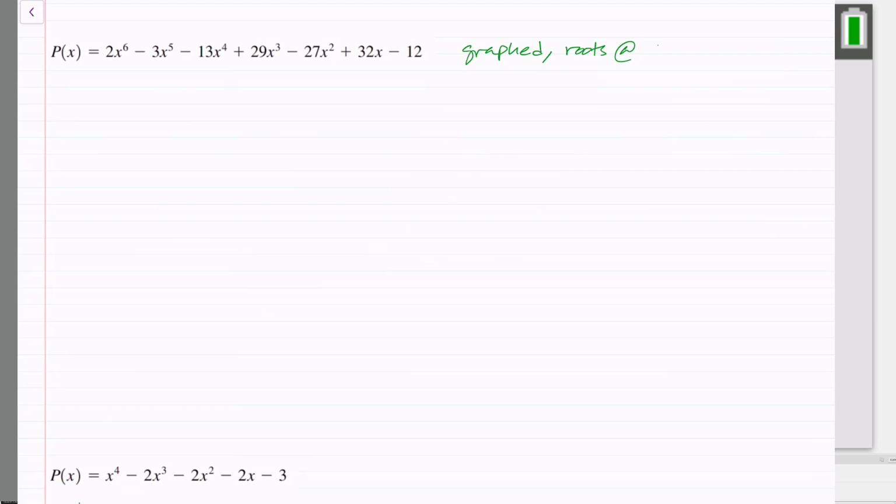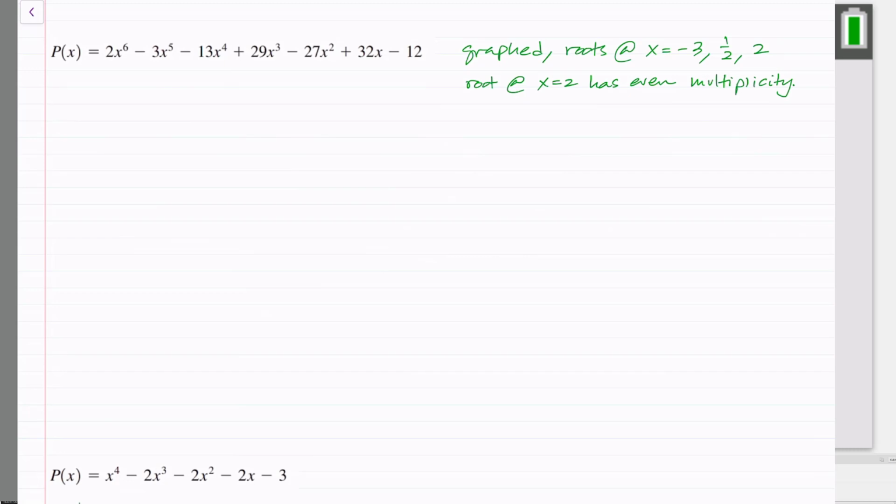And we have roots at negative 3, positive 1/2, and 2. And the root at 2 has even multiplicity.